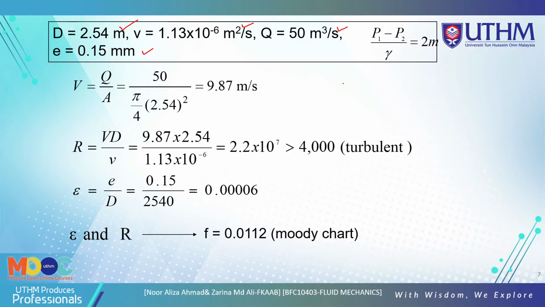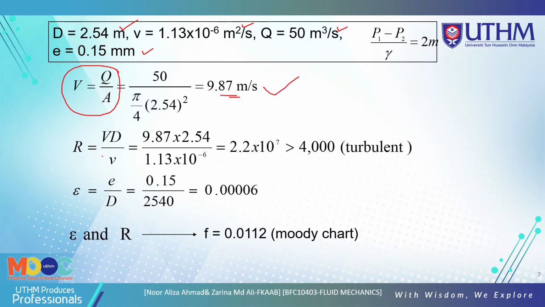HF is 2 meter. Pressure 1 minus pressure 2 over specific weight is equal to 2 meter. First you must find the velocity using this formula of velocity, put all the data here, and you get the value of velocity.